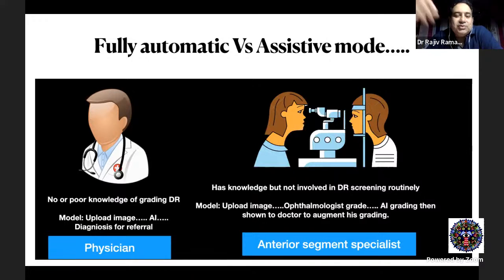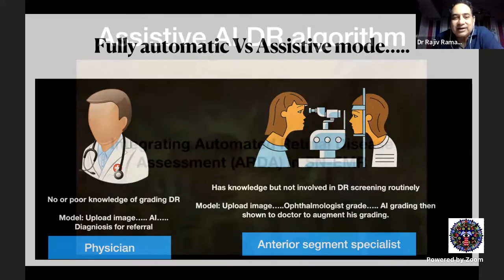We upload the image, and the ophthalmologist has a chance to grade the image. The AI also grades, and we show this grading of AI to the ophthalmologist, and he has a chance to relook at his diagnosis and augment his grading if required. But finally, the grading of the ophthalmologist is the final grade.